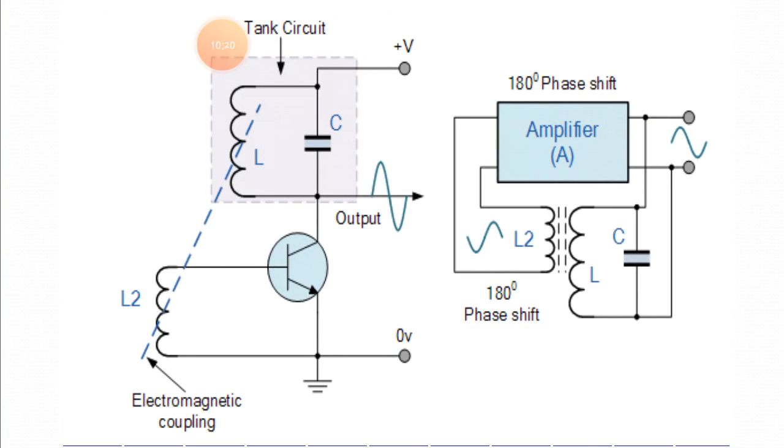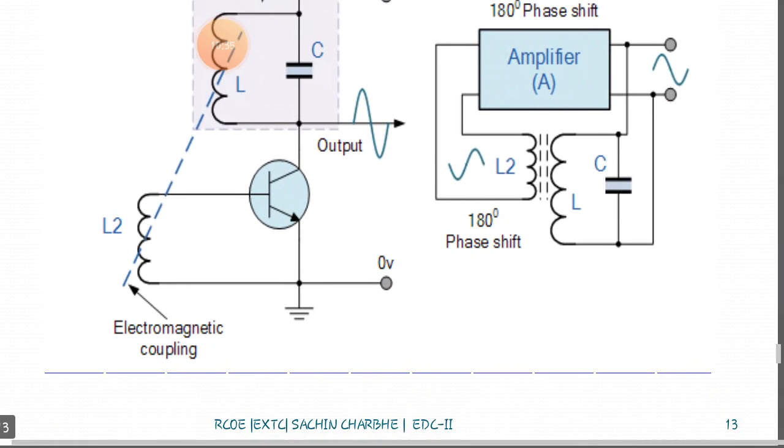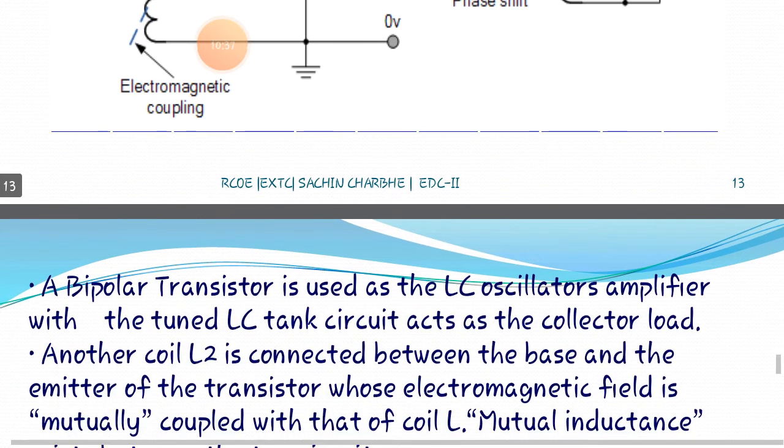Using this, there is a 180 degree phase shift between L2 and L, and that is the amplifier circuit for this transistor. So we are getting a 180 degree phase shift at the amplifier.